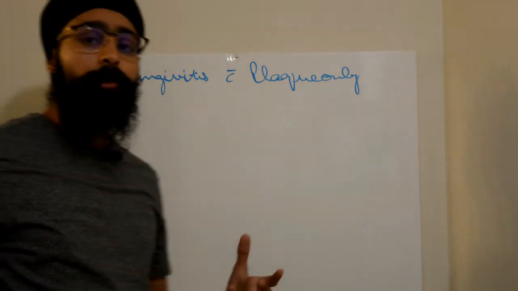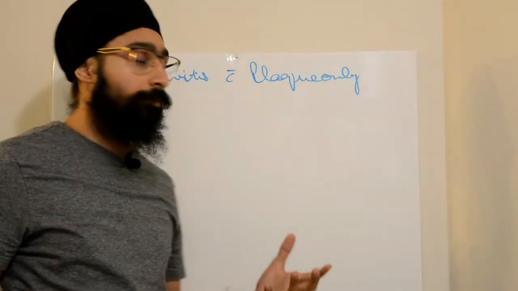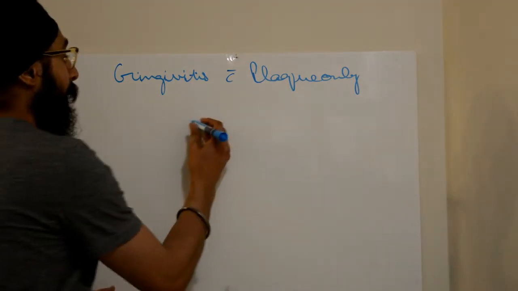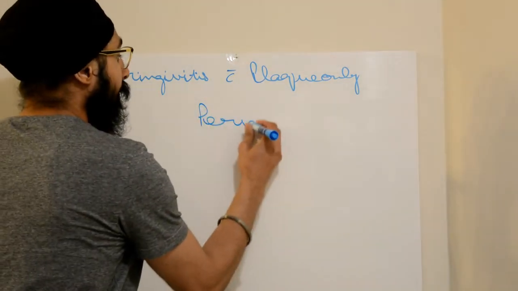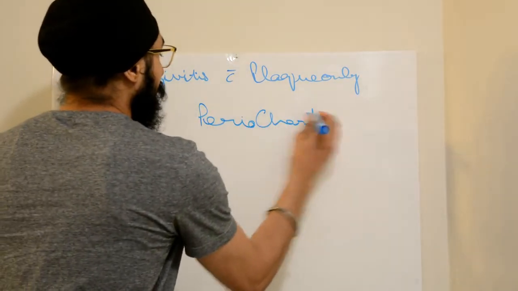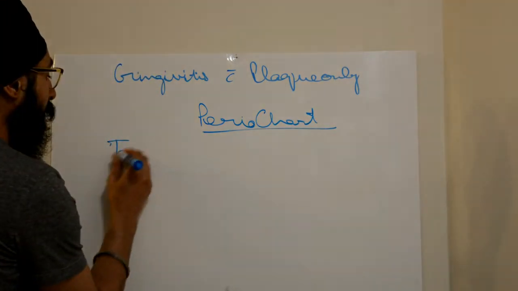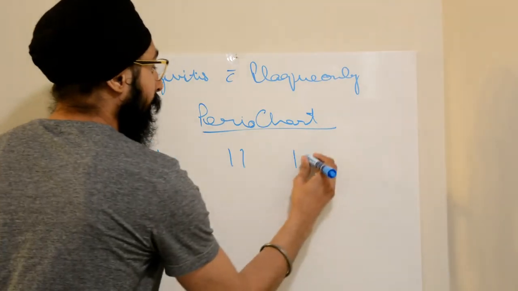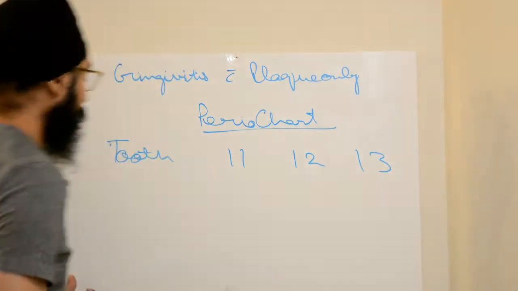In exam, how will you be presented with gingivitis with plaque only? So let's say this is the perio chart. The tooth, for example, 11, 12, 13.